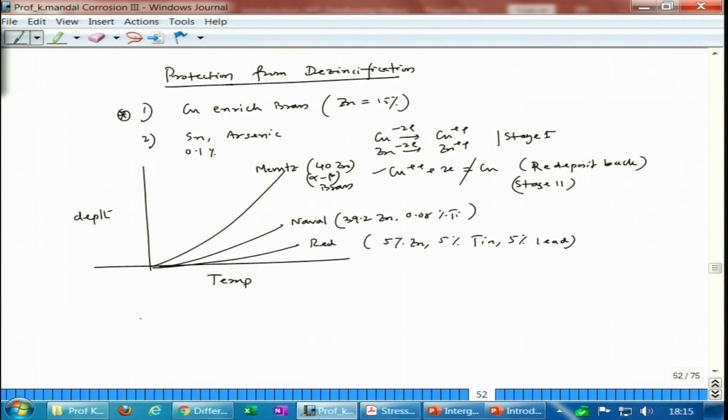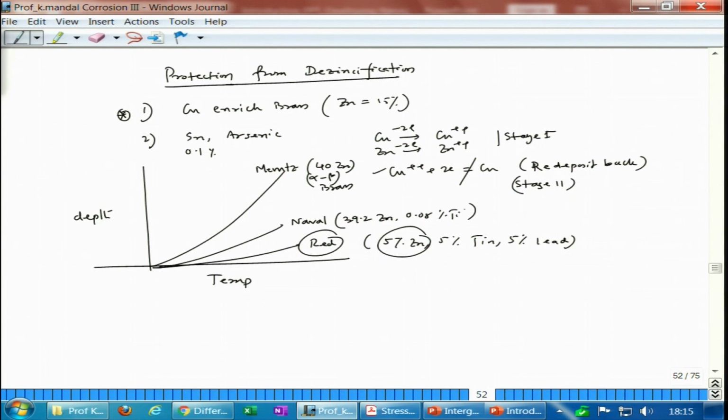So, in this one, as the temperature increases, the depth of attack or the depth of dezincification is very low in the case of red brass, because here the zinc is very low, 5%, and the rest is copper, fine. So, that is the advantage.